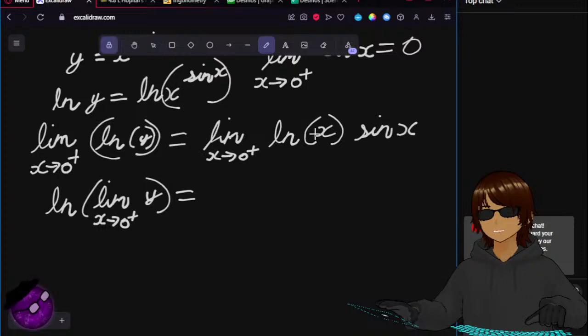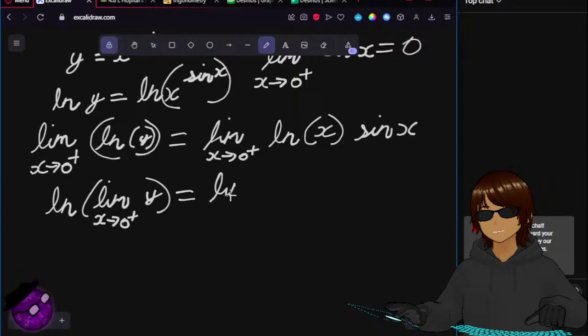This will go to negative infinity. This will go to 0, so it's a 0 times negative infinity case. What if we do the inverse?